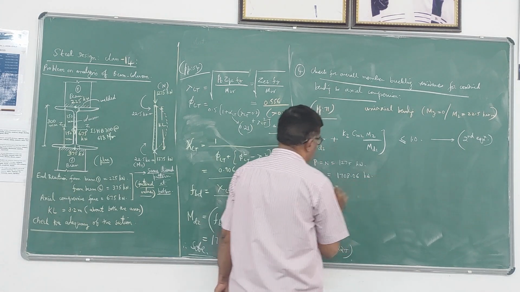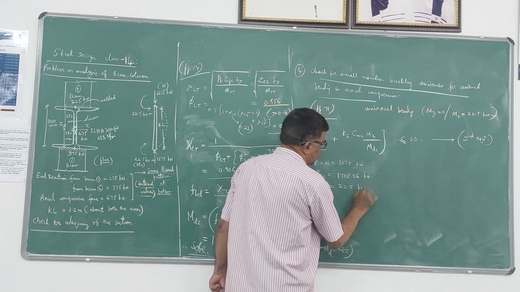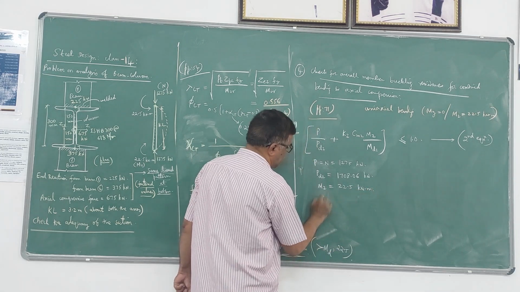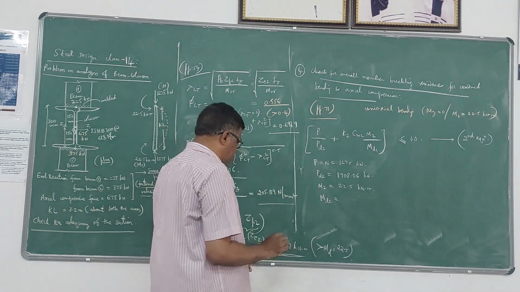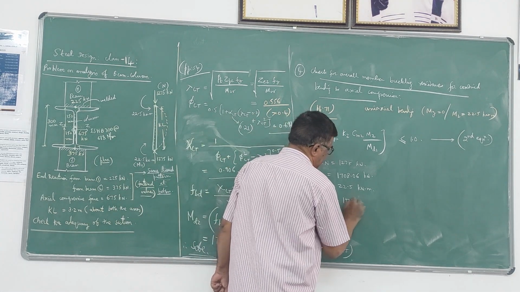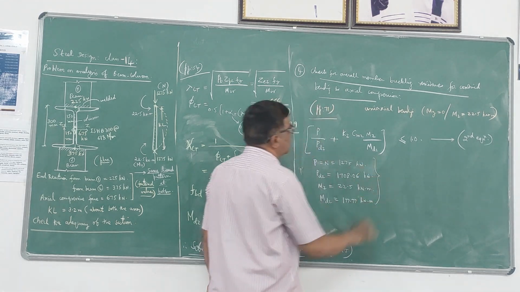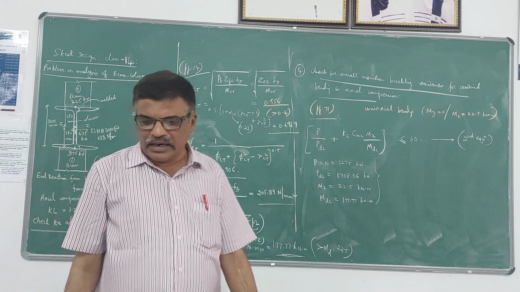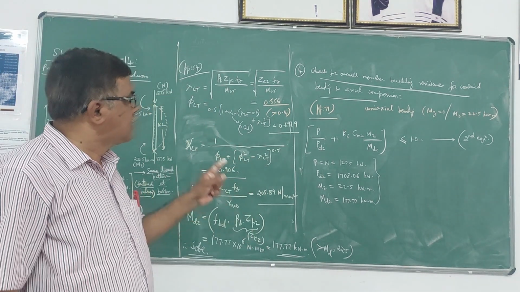MZ is the given moment, 22.5 kilonewton meter. The MDZ value we just computed is 177.77 kilonewton meter. So we have these four values. Now we only have to calculate two other values, KZ and CMZ.